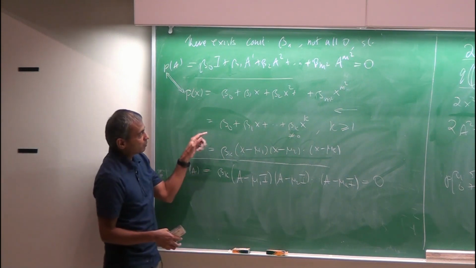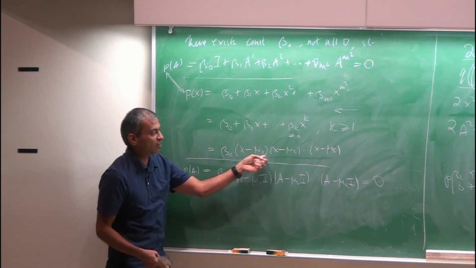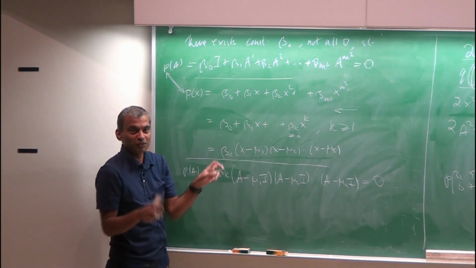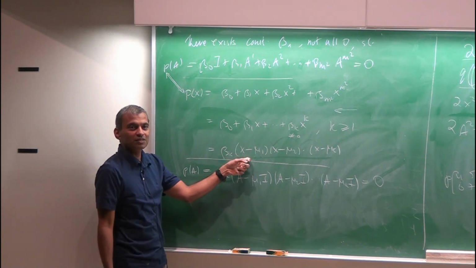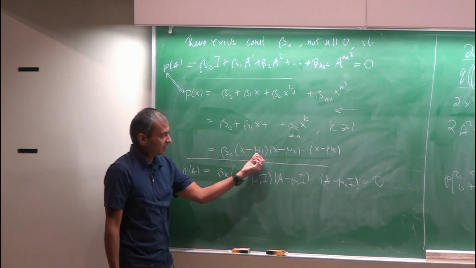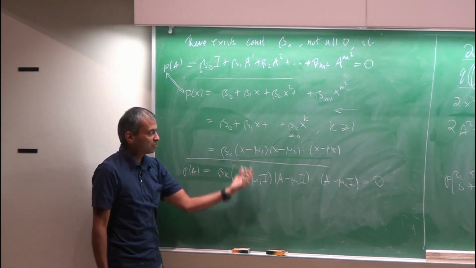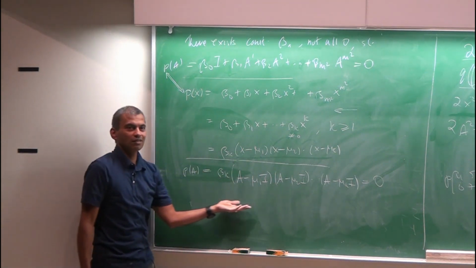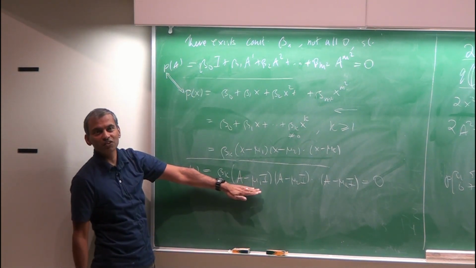Notice here the algorithm is subsumed in this computation over here. We had to use Newton's method or something, the polynomial root solver, to find all these roots. So there was an algorithm, but it was sent off on the side to do some computations. After the algorithm finished, it pumped all these numbers out, mu1 through mu k. Then I used that to write this factorization down. So this sum is equal to this factorization.